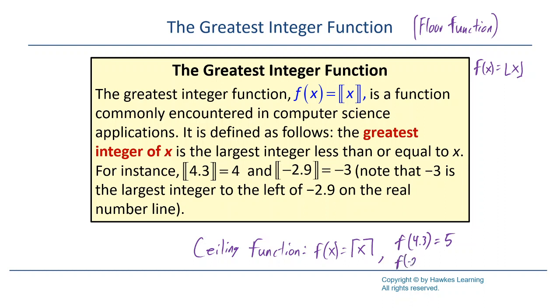And then f of negative 2.9 would be negative 2, because remember, when you round up with negative numbers, I'm saying what's the largest integer above negative 2.9. If I have negative 3 or negative 2, you're talking about how close it is to 0 for the negative value. So negative 3 is farther away from 0 than negative 2, and thus negative 2 is going to be larger than negative 3 by that logic.